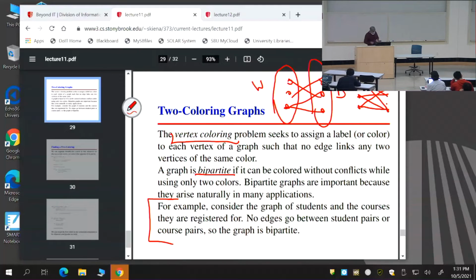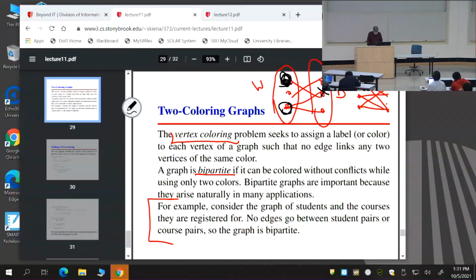The idea is, what if we start from one vertex? If this vertex is going to be white, all of its neighbors have to be black. If this vertex is black, all of its neighbors have to be white.